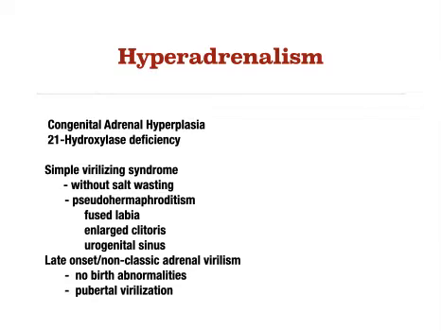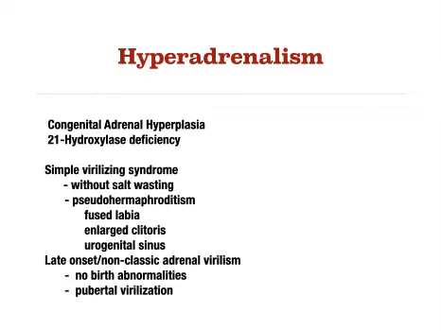So here, there are sufficient mineralocorticoids, so a salt wasting crisis is prevented. However, there are still lowered glucocorticoid levels that will cause feedback inhibition of ACTH secretion. And there is also an increased level of testosterone, thus the resultant virilization. So it can be manifested as fused labia, enlarged clitoris, or presence of a urogenital sinus.